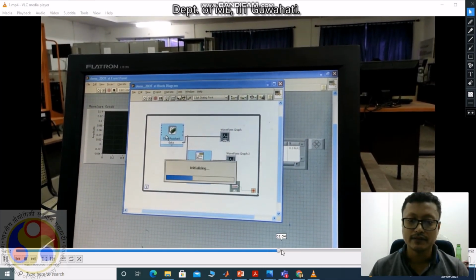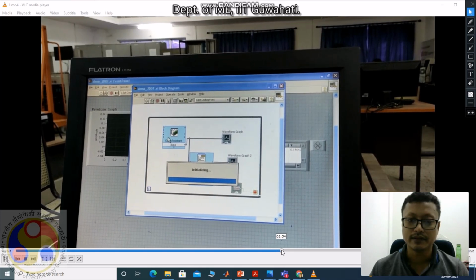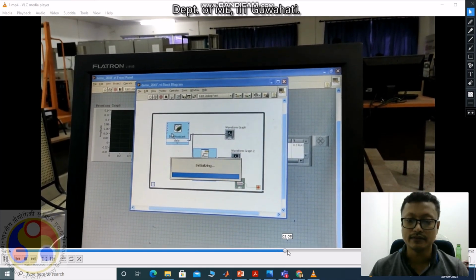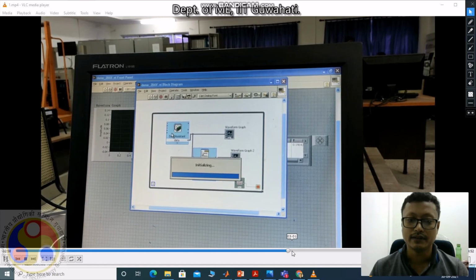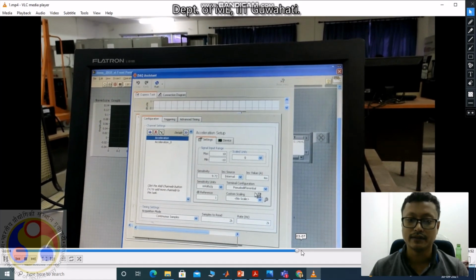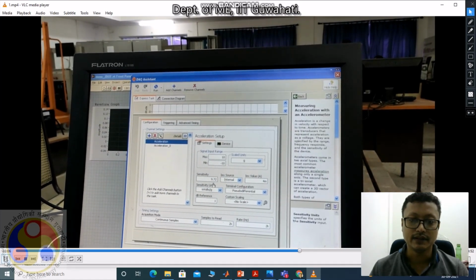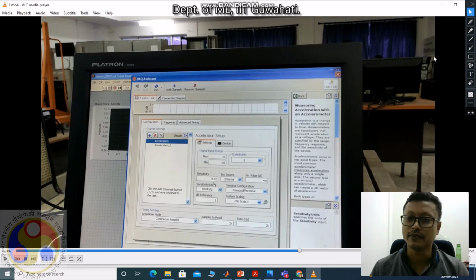If you click there, it will show you the properties, where you can see 2 accelerometers are connected. This is accelerometer 1 for mass 1. This is accelerometer 2 for mass 2. Okay. This is accelerometer 1. This is accelerometer 2.